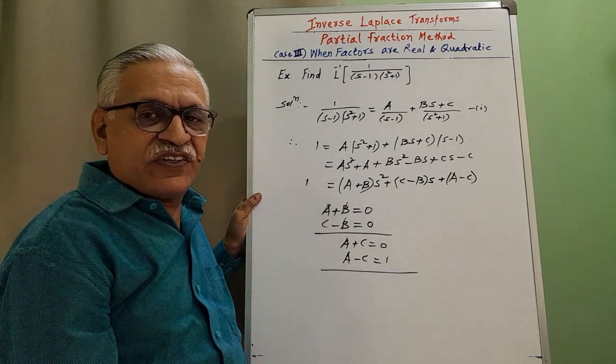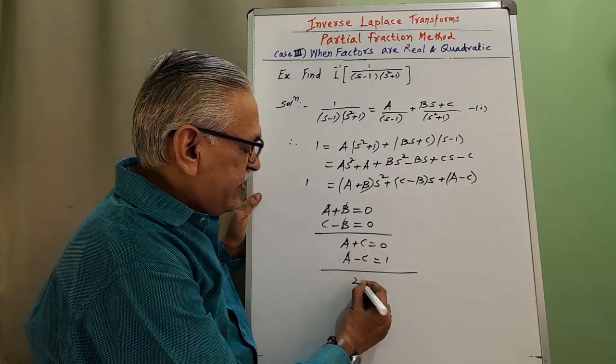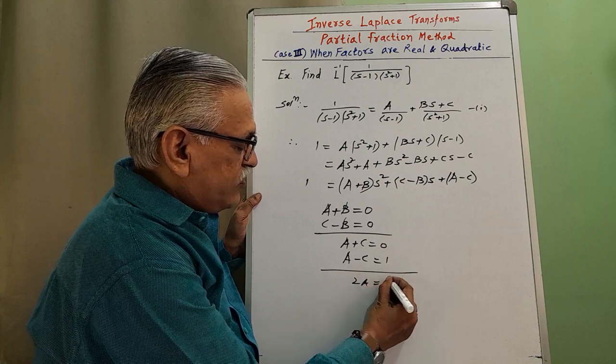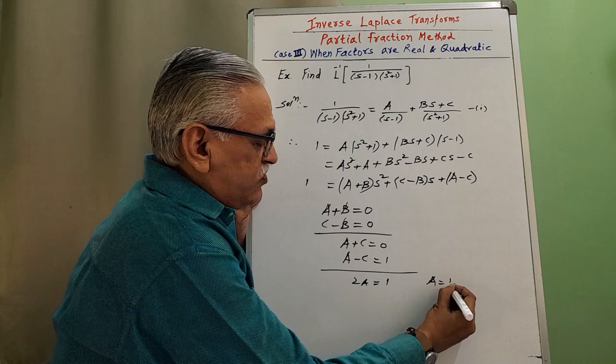Again solving these two equations, plus C minus C gets cancelled, A plus A we get 2A and that is equal to 1, and therefore we get the value of A as 1 by 2.